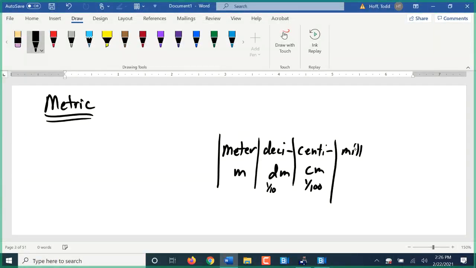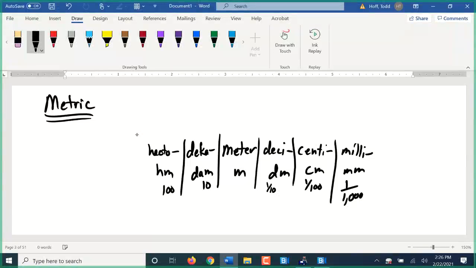We had a millimeter, mm, which was 1,000th of a meter. If we were going larger, we had decameter, which was 10 meters. Hectometer, which was 100 meters.